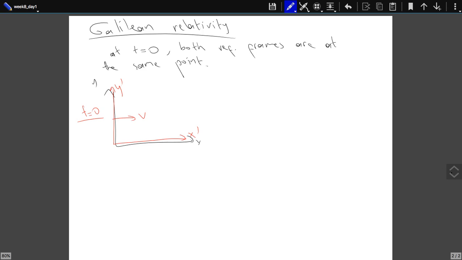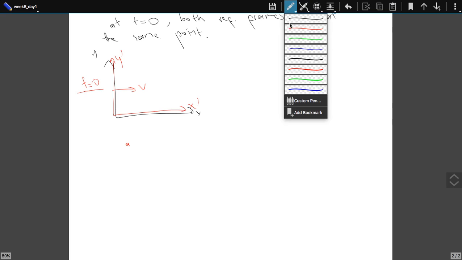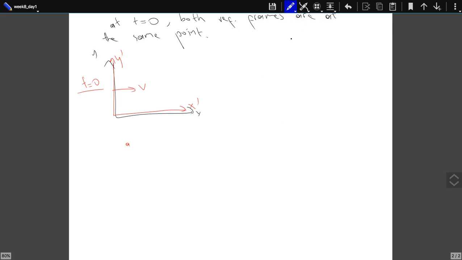At the time t, the black reference frame is over here. The red one is over here.